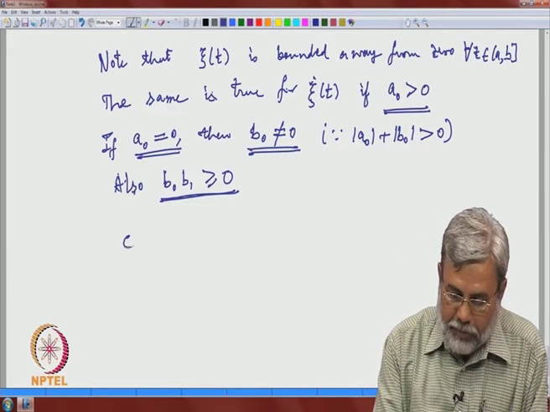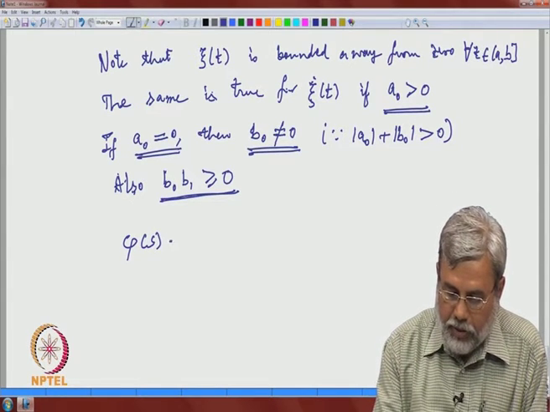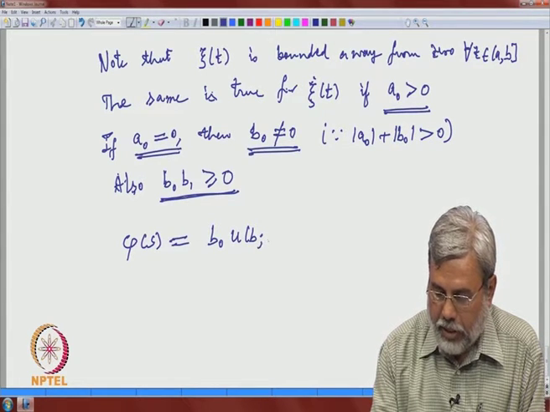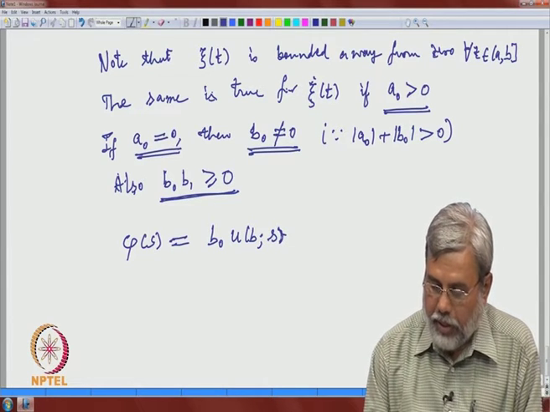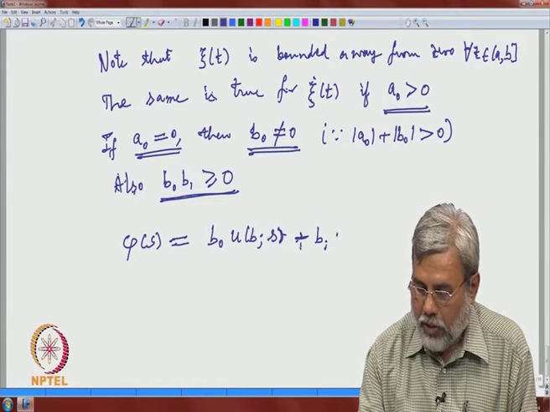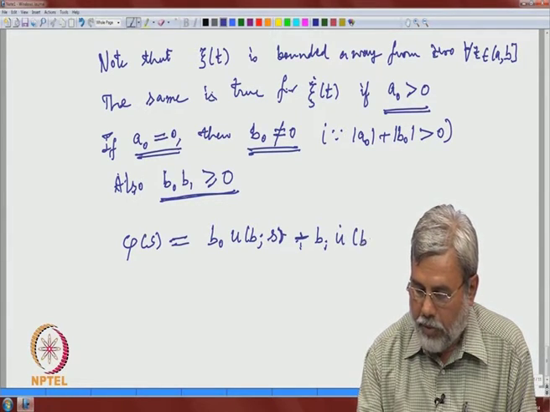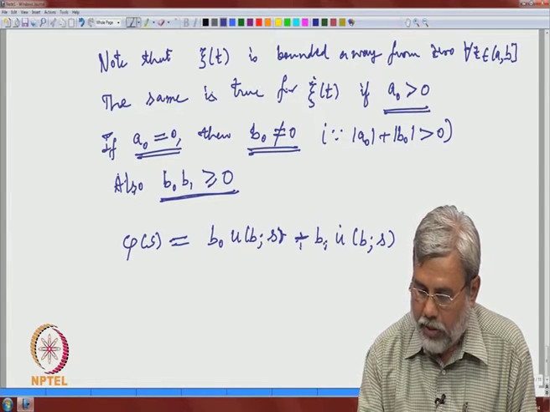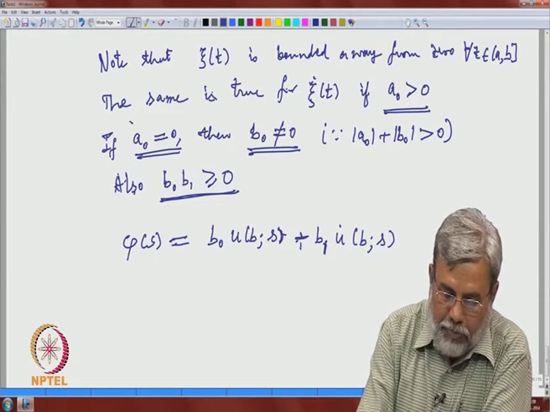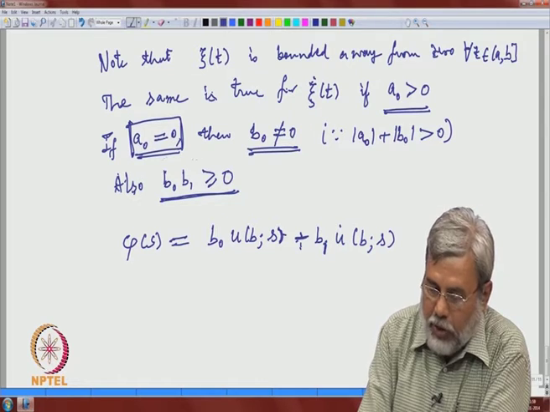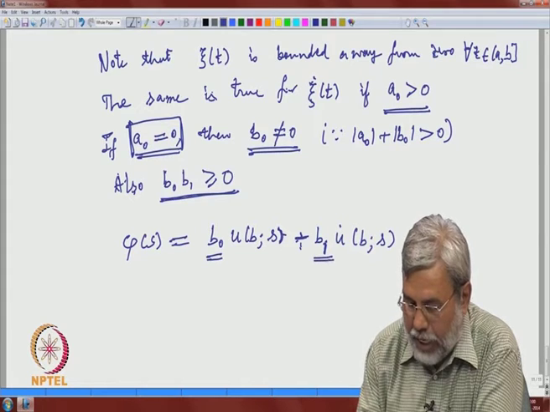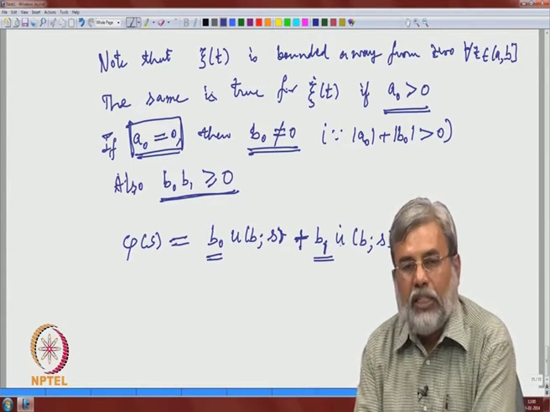And again now look at phi s, recall this B0 U Bs plus B1 U dot Bs. Our only concern now is what happens if A0 is 0. So, if A0 is 0, then B0 is not 0 and B0 and B1 have the same sign. So, if B1 is 0, that is no problem.